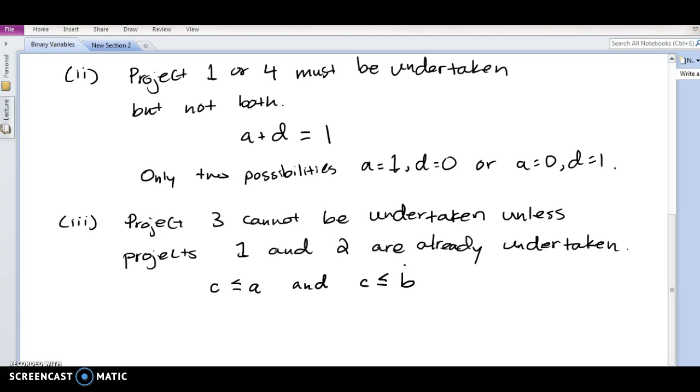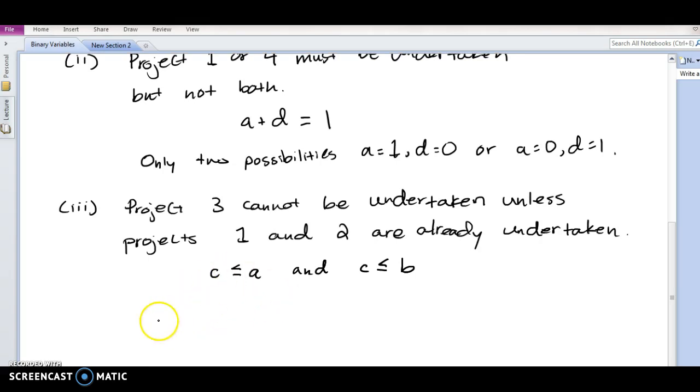Why is that the case? Well, let's think about the possibilities where this works. We could have project 1 undertaken and 2 not undertaken. Let's just think about basically the possibilities.